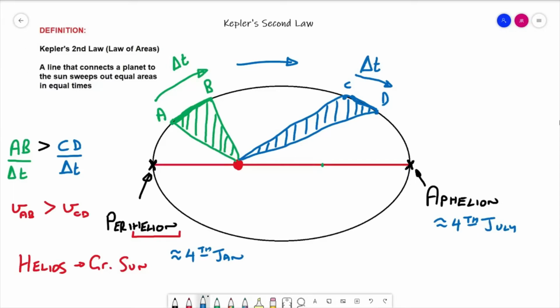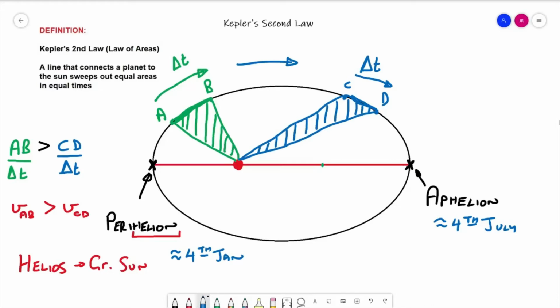Perihelion can be anywhere from the afternoon of the 2nd of January to the morning of the 5th of January, depending on many factors, obviously including where we are in our leap year cycle as well. But normally it falls on, or at least very close to, the 4th of January for perihelion and the 4th of July for aphelion.